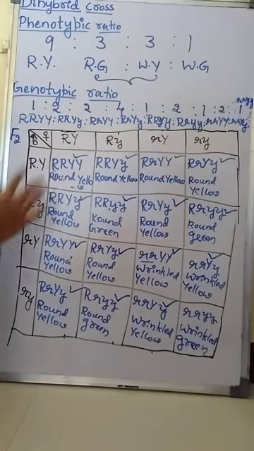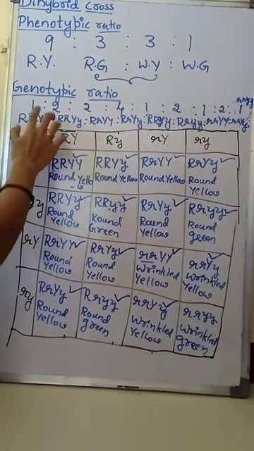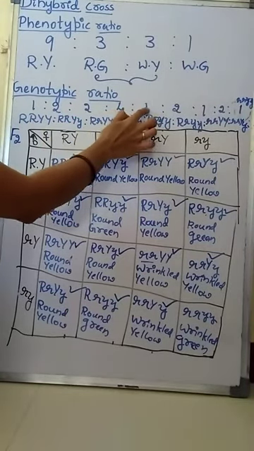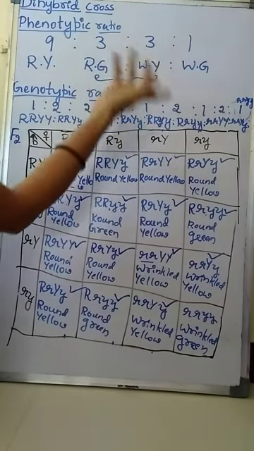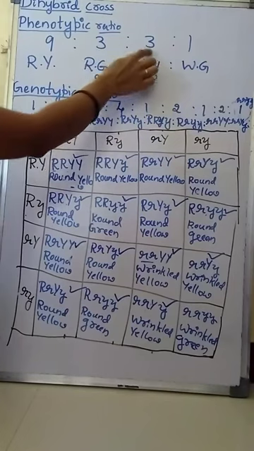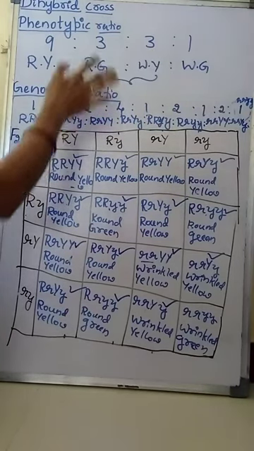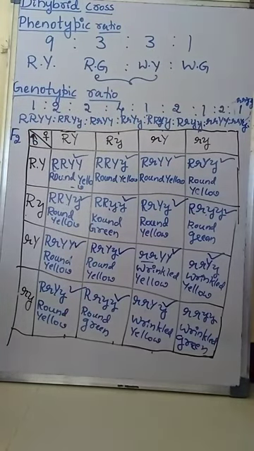If you add 1:2:2:4:1:2:1:2:1, you will get 16. And if you add the phenotypic ratio 9:3:3:1, you will also get 16. So these are the genotypic and phenotypic ratios of the dihybrid cross. This is about the dihybrid cross. Thank you.